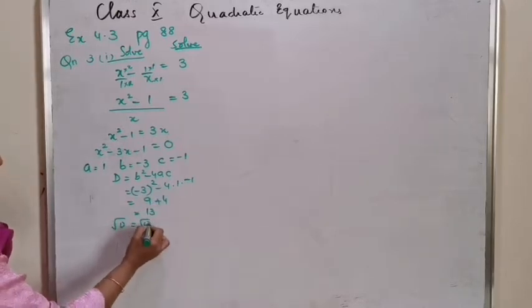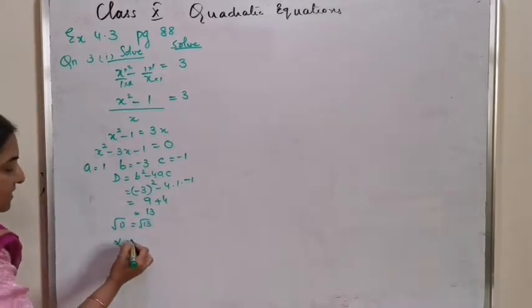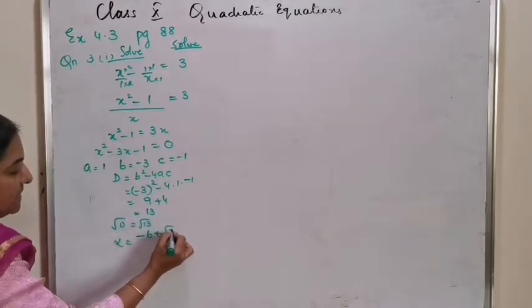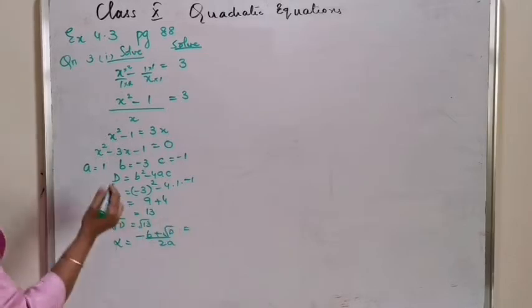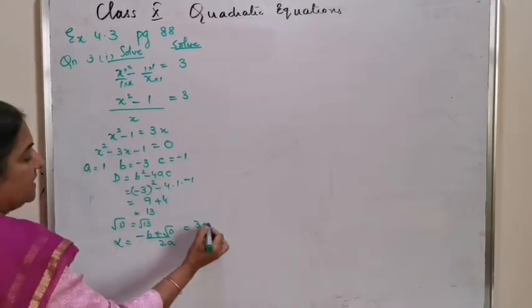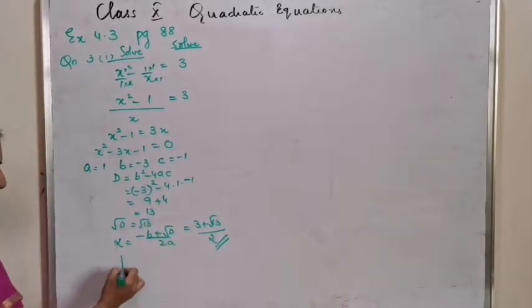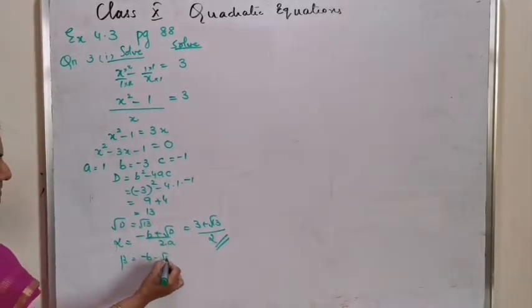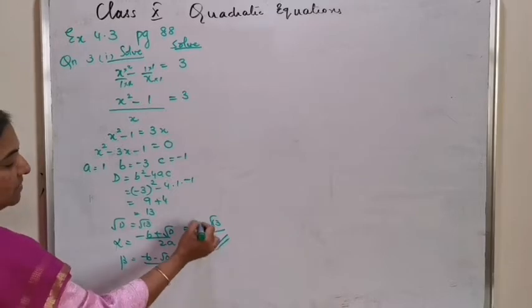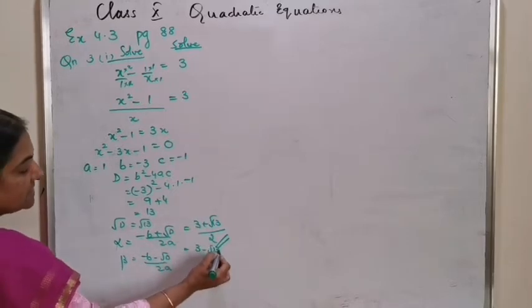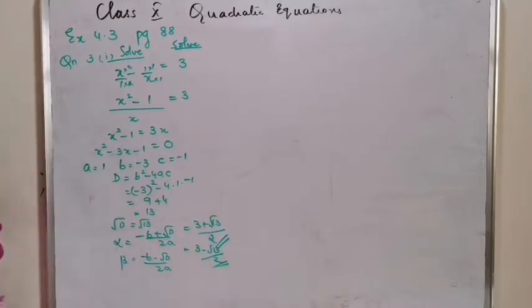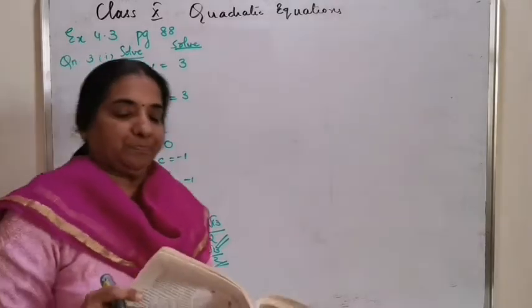Root D is equal to root 13. Alpha, the first value, is minus B plus root D by 2A, which is 3 plus root 13 by 2, and the beta value will be minus B minus root D by 2A, only the sign changes here, 3 minus root 13 by 2.